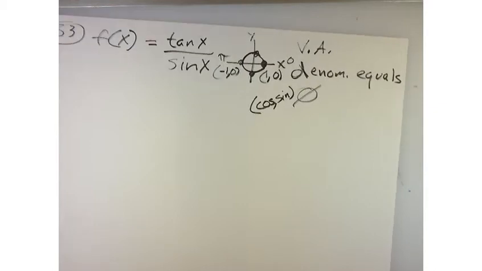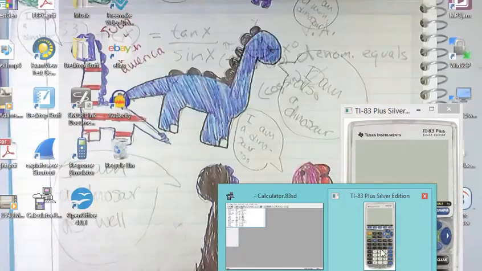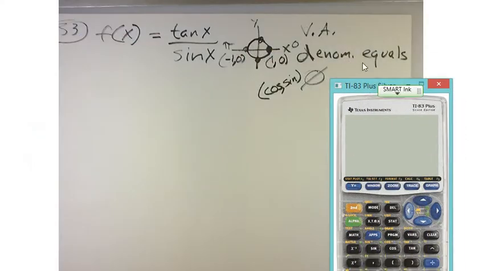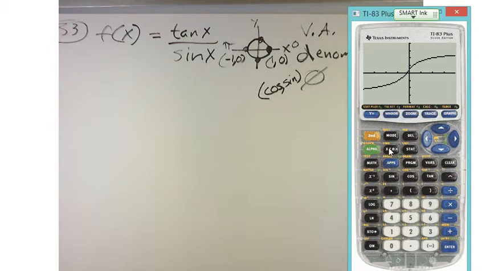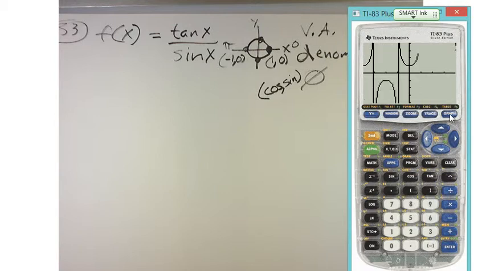But this is the challenge with 33. When I go to graph this, tangent of x divided by sine of x, and I graph it, if I come in here and I say trace pi, how do you get those asymptotes?